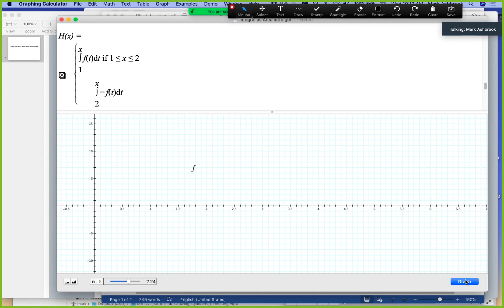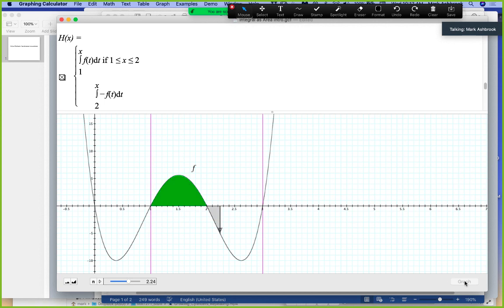But the thing about this is, it's only going to give me the area of the gray region. Taking the opposite of the rate makes that positive, and then accumulating from 2 up to there will just accumulate that much positive area.